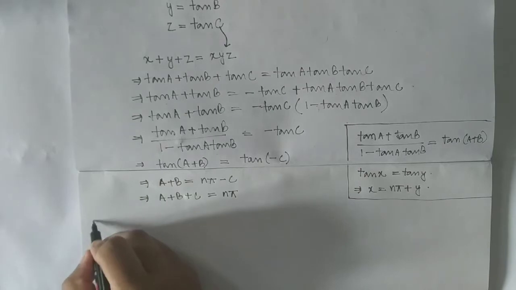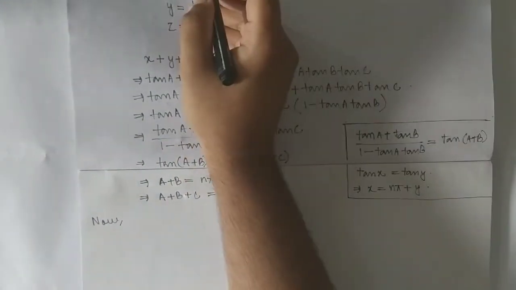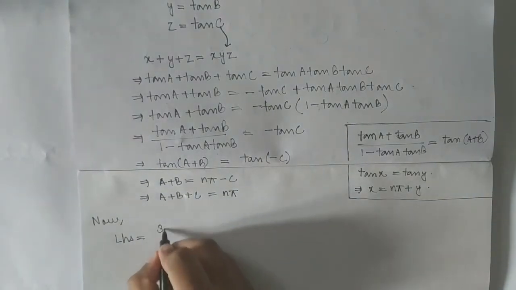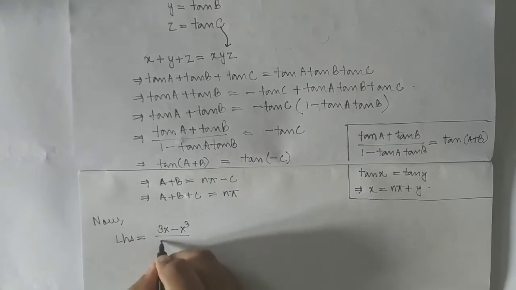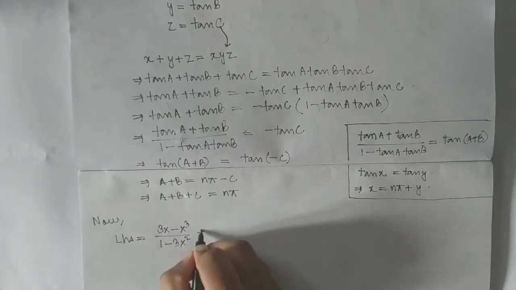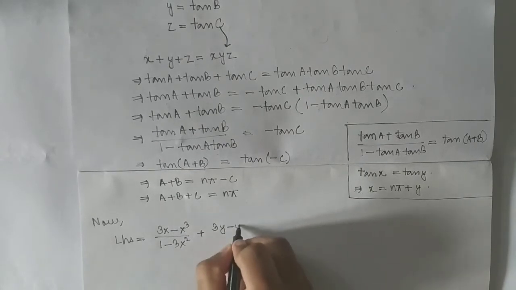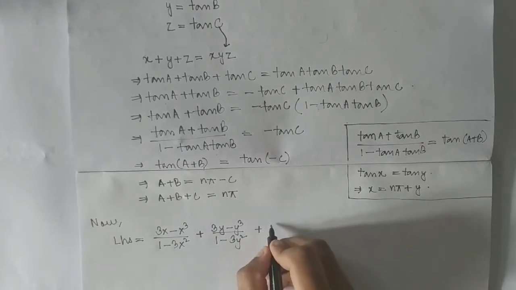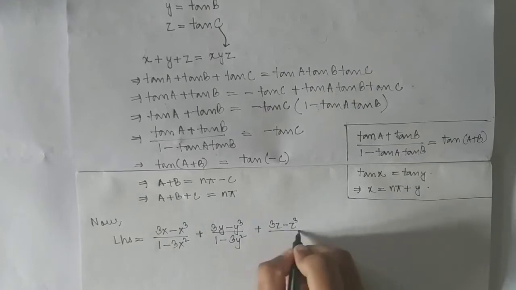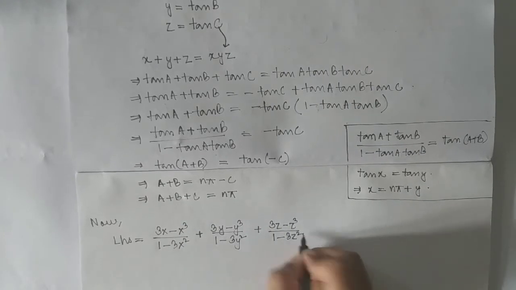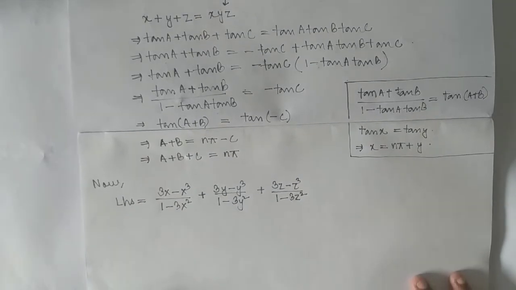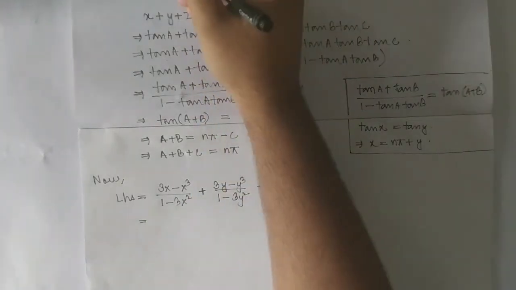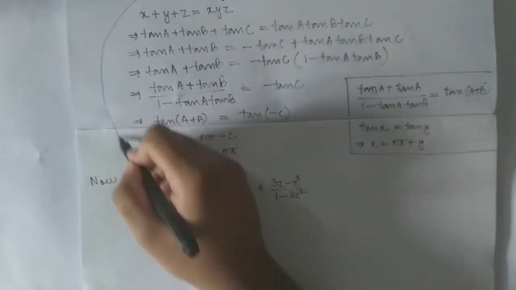Now let's go on to the LHS of what we have to prove. So our left hand side is (3x minus x cube) divided by (1 minus 3x square) plus (3y minus y cube) divided by (1 minus 3y square) plus (3z minus z cube) divided by (1 minus 3z square). Let me adjust it a bit. So now let me substitute the values of x, y and z in the LHS.